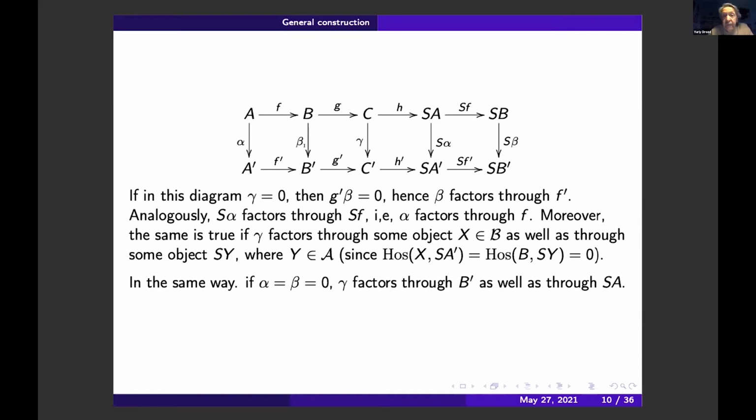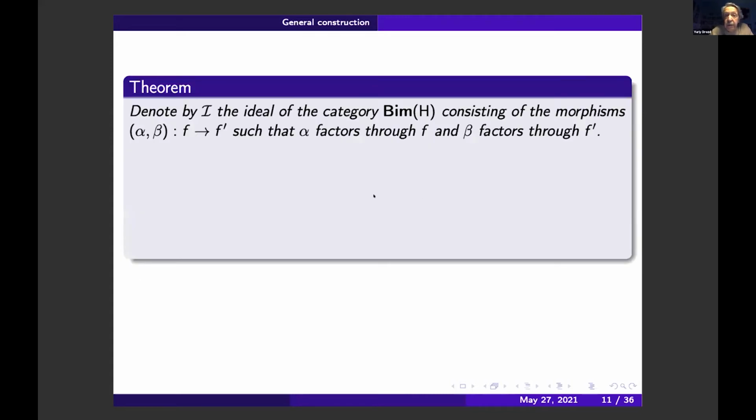In the same way, if alpha and beta are zeros, then gamma G is zero. So gamma is factored through H, through SA, and in the same way, H prime gamma is 0, so gamma can be factored through B prime. So we have the following general theorem.